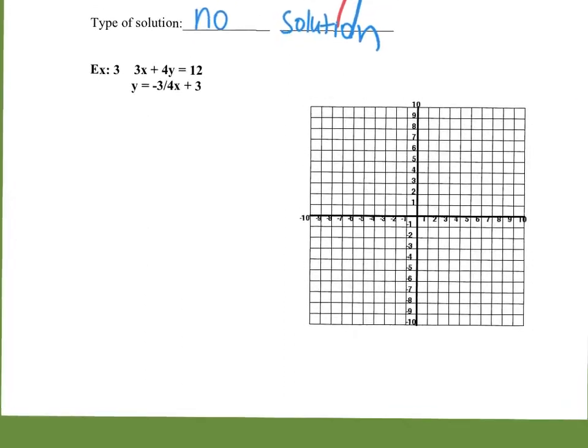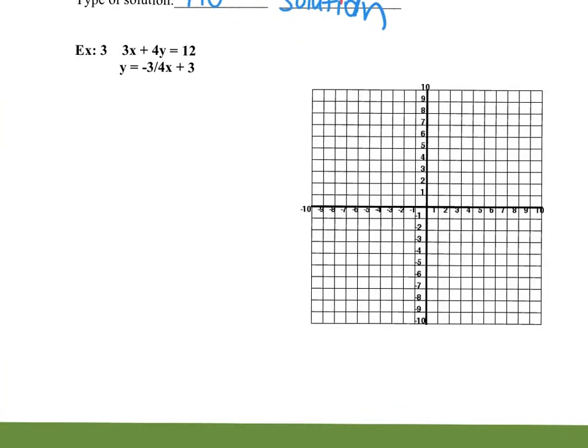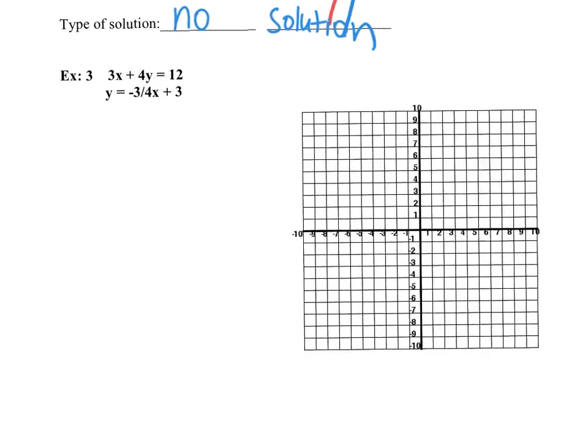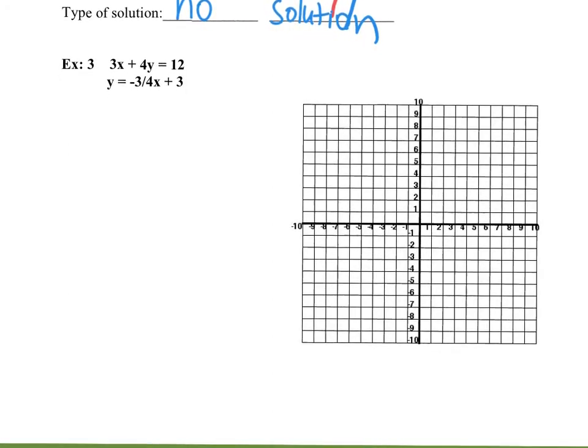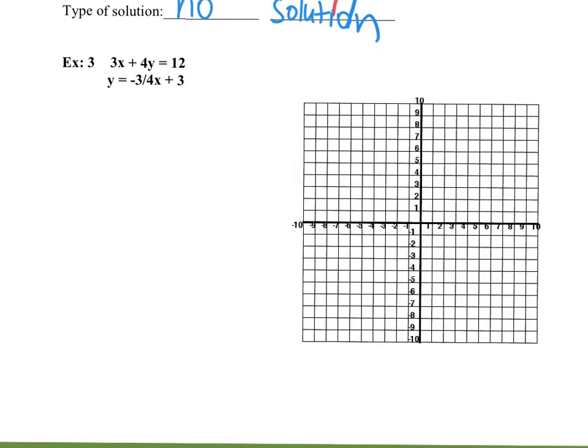I want you to try this one. So get them both into a form that you can graph, graph them and then see, do they intersect or do they not? First one, what should I do? Yep, subtract the 3x over.